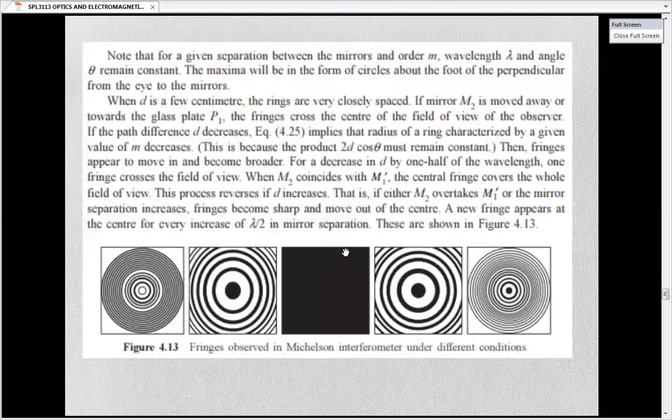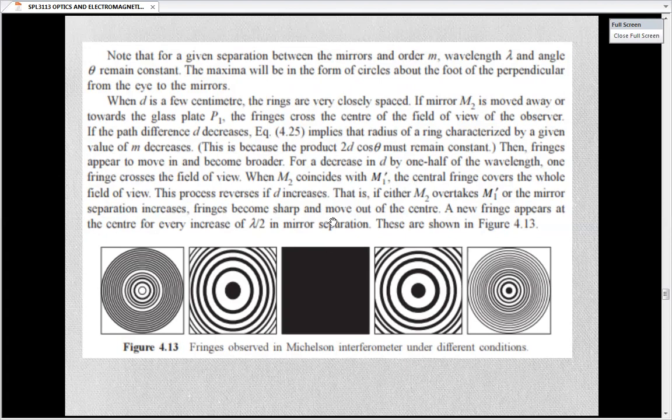Like we mentioned, the apparent position of mirror M1 can appear below M2 or above M2 at different points, or it can as well perfectly coincide with the position of M2. So these are different fringes that are formed for different positions of the apparent image.